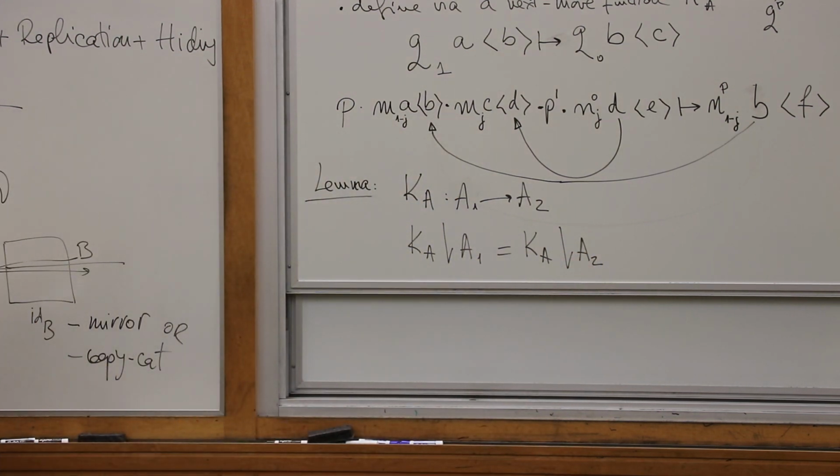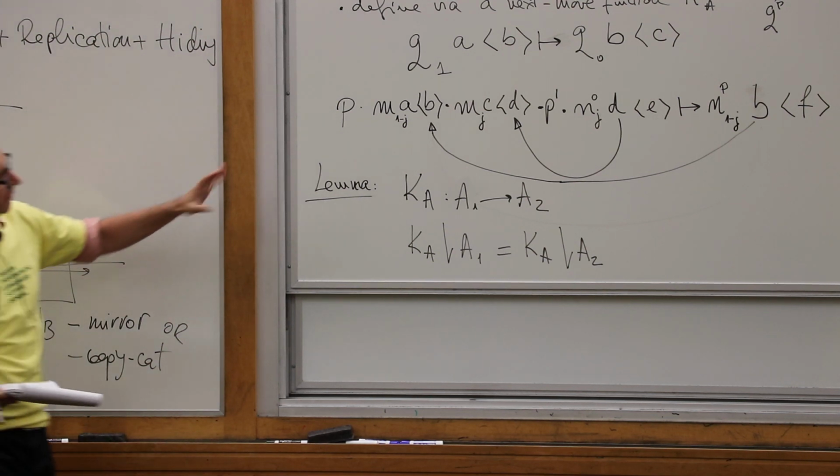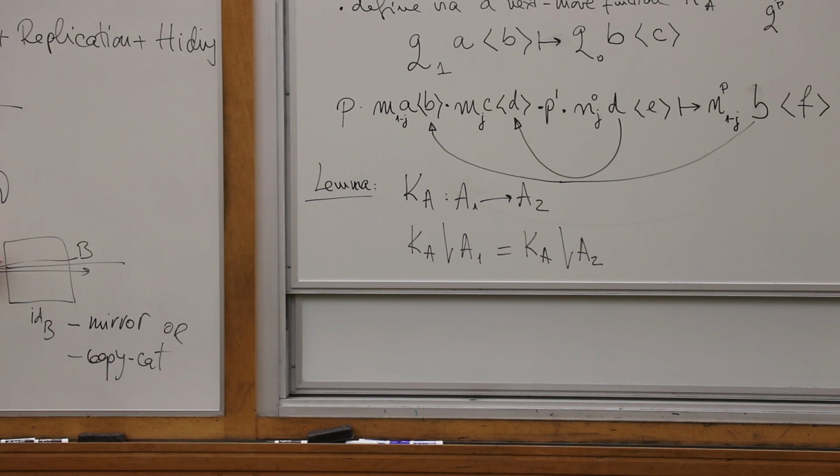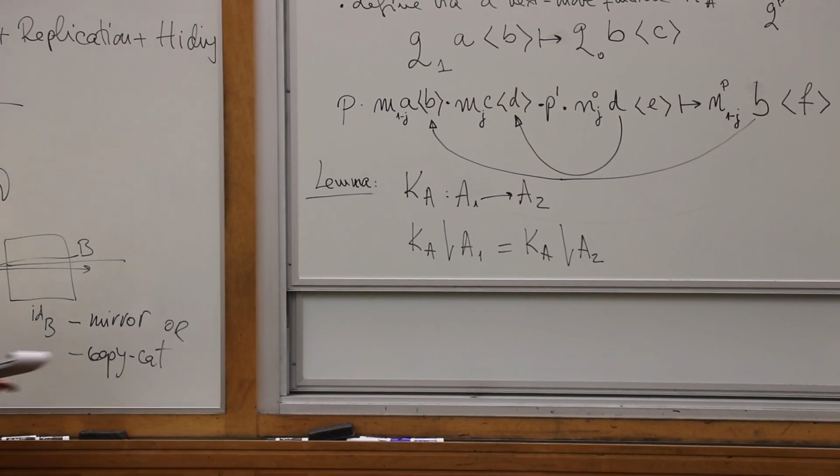So that's what I just said. You can check that this definition implies this fact. And this is what we wanted. We wanted a behavior that looks the same on the left as it looks on the right.